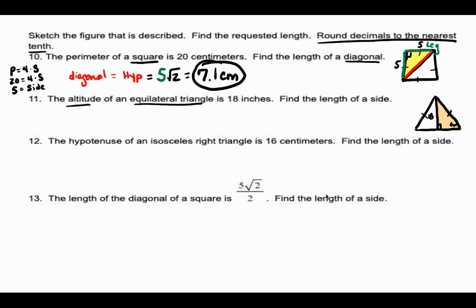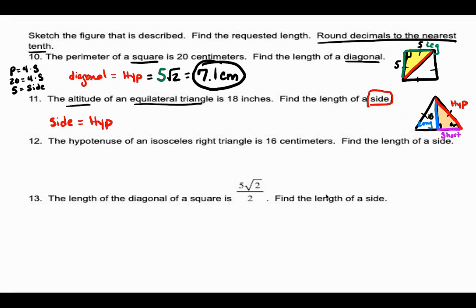In a 30, 60, 90 triangle, it turns out that the altitude is the long leg. Our altitude splits one side in half, so that's our short leg, and then the whole side of our triangle is the hypotenuse.